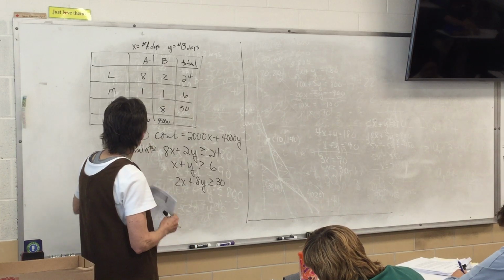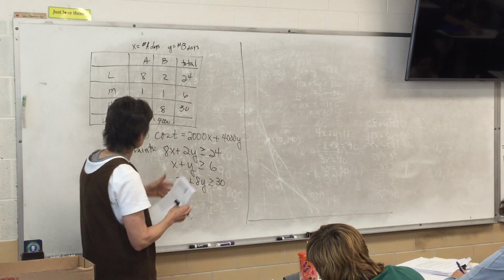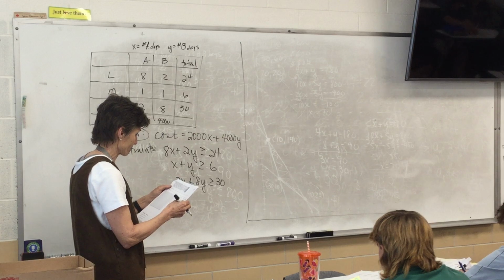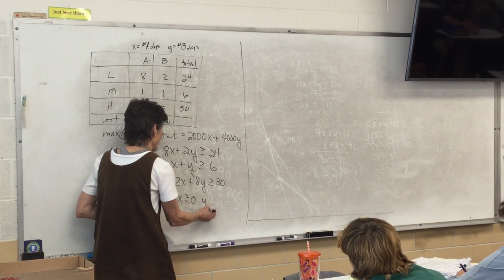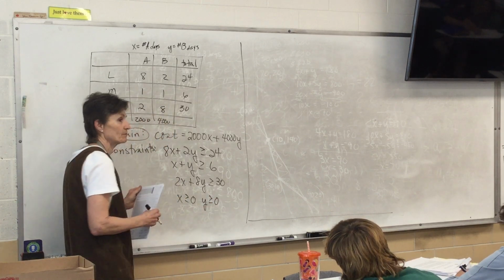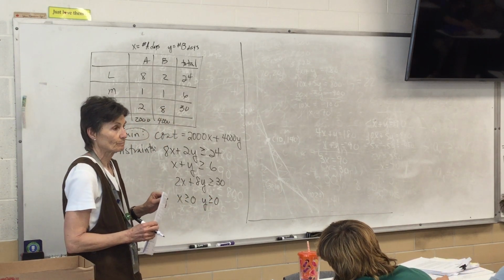Did I get all the numbers right? So coincidental here. Is that right? Okay. And also implied, you don't have to write it down, is that the numbers have to be positive.